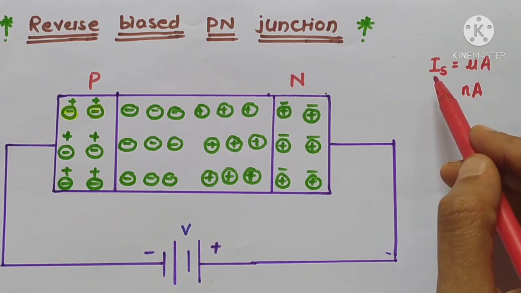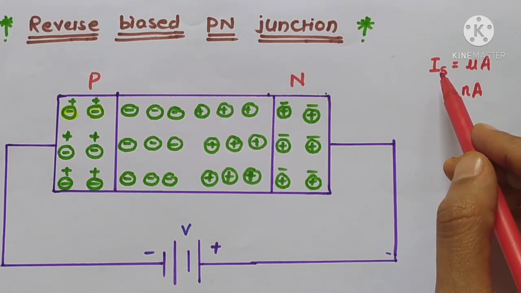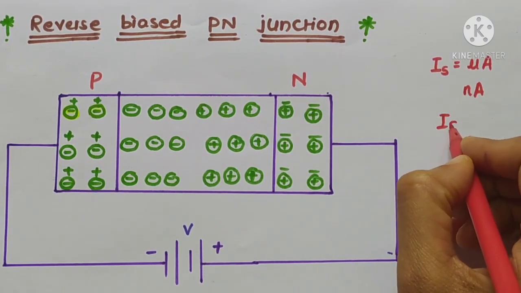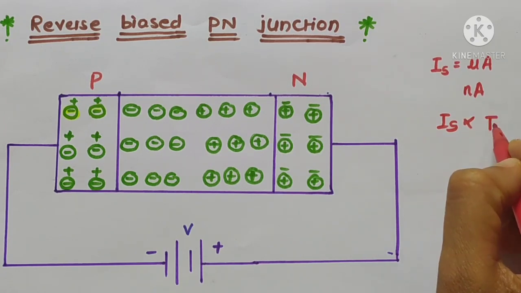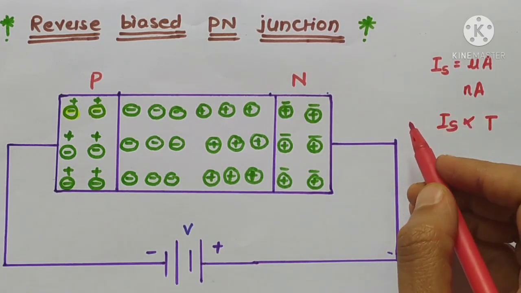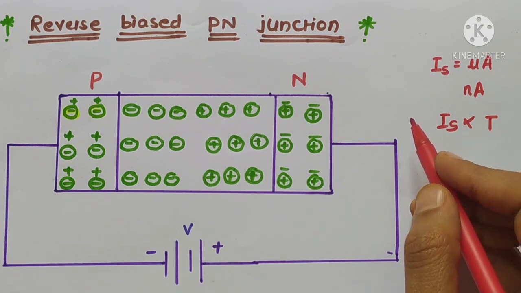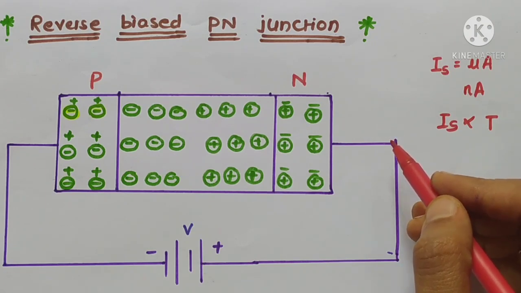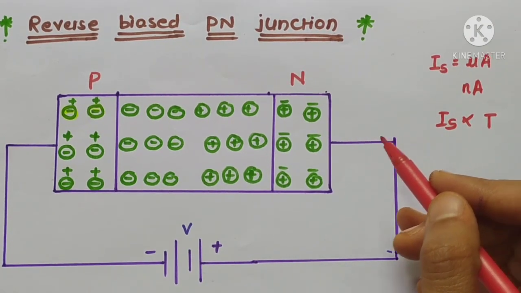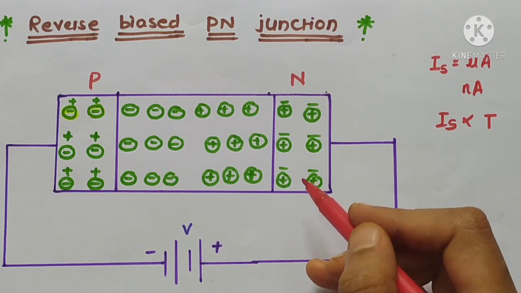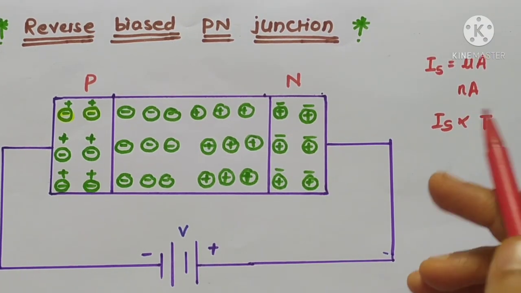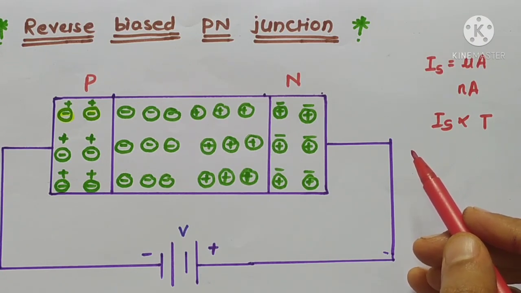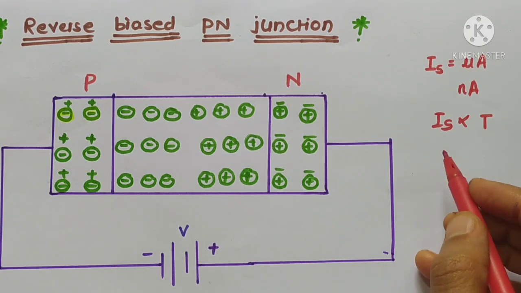Okay students, this reverse saturation current is a function of temperature, meaning it is directly proportional to the temperature. As the temperature rises, the thermally generated electron-hole pairs in the silicon crystal will increase, or we can say the minority carriers will increase, and due to that the reverse saturation current will also increase.